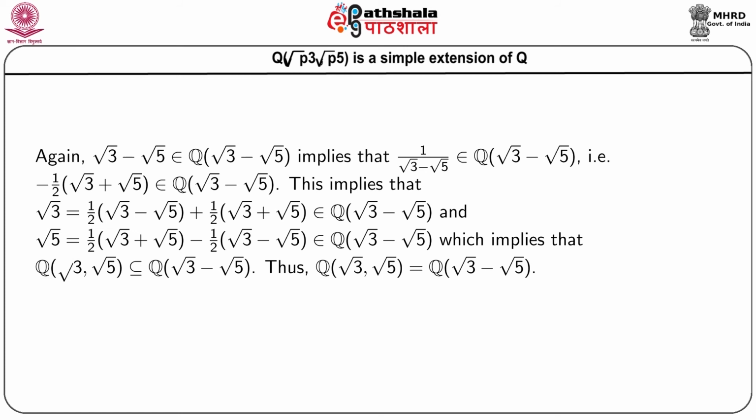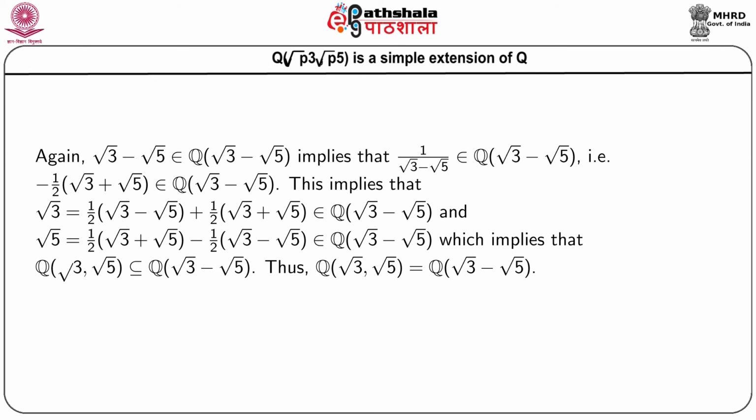But 1 by root 3 minus root 5 is equal to minus half of root 3 plus root 5, which also belongs to Q(root 3 minus root 5). A simple computation shows that both root 3 and root 5 belong to Q(root 3 minus root 5), and hence Q(root 3, root 5) is a subset of Q(root 3 minus root 5).